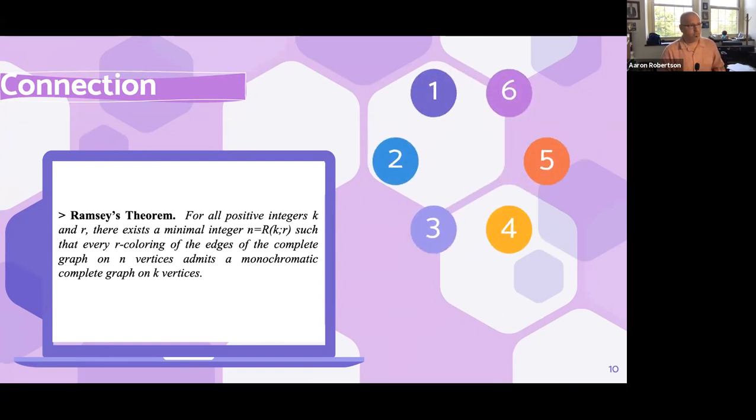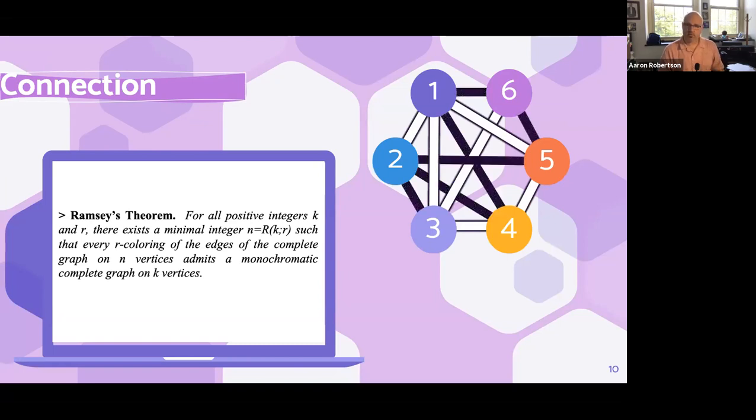So 6 vertices. If I randomly color some of the edges white, some of them black, you'll see that not all the edges are there yet, but there's no monochromatic triangle. But if I attempt to color the edge between 4 and 6, then either 1, 4, 6 is a black triangle, or 3, 4, 6 is a white triangle. And so this is the simplest case.